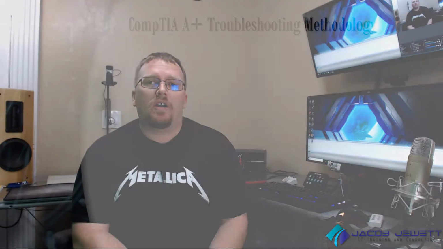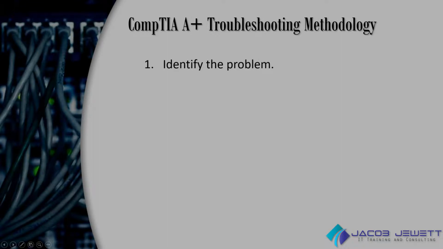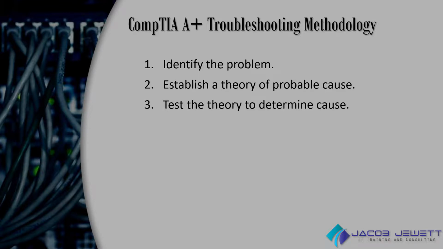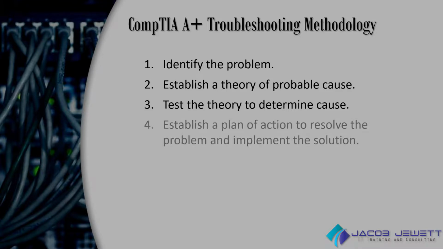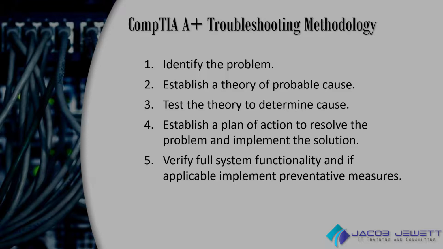Those steps are: 1, identify the problem; 2, establish a theory of probable cause; 3, test the theory and determine the cause; 4, establish a plan of action to resolve the problem and implement the solution; 5, verify full system functionality and, if applicable, implement preventative measures; and finally 6, document findings, actions, and outcomes.